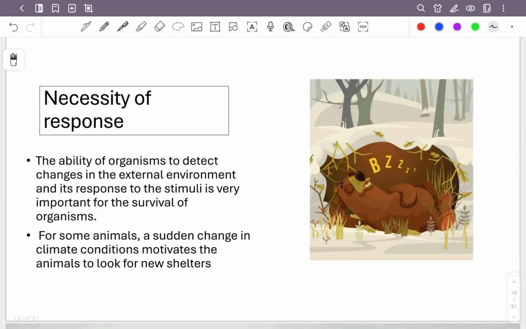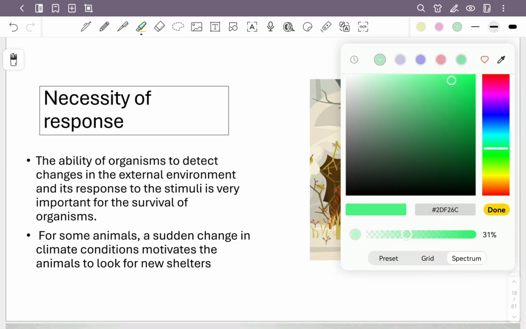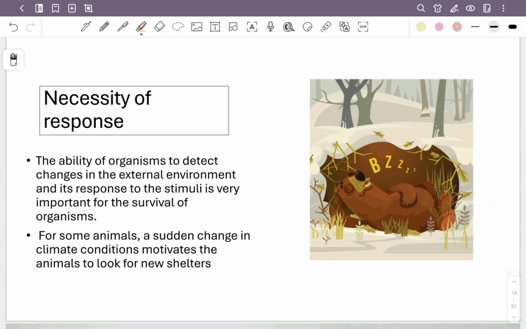So what are the necessity of response? Okay, why do you need to have such kind of response? Why do your body needs to have this ability, which is detecting stimulus, after that process the information, after that you carry out response? Is because the ability of organism to detect changes in external environment is very important for the survival of organism.